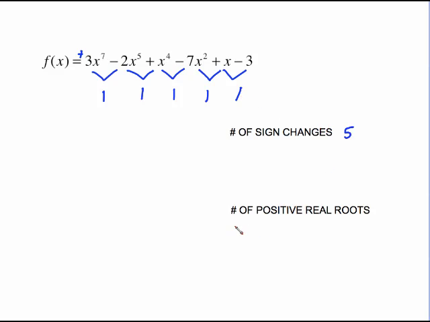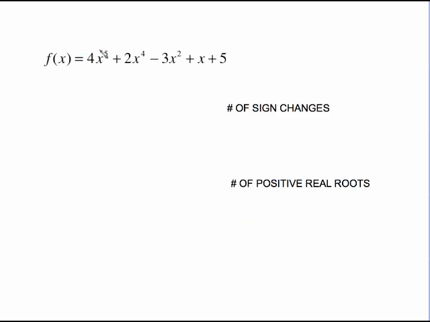That means there are either 5 positive real roots, or reduce that by 2, gets us down to 3. We can reduce that by 2 again, gets us down to 1. So for this polynomial, which is x to the 7th, which is going to have 7 roots, there are 5 or 3 or 1 positive real roots. Not real helpful when we go to do the synthetic division.